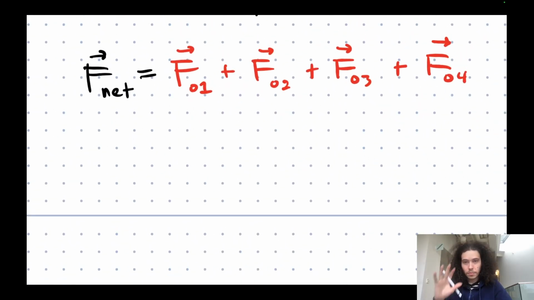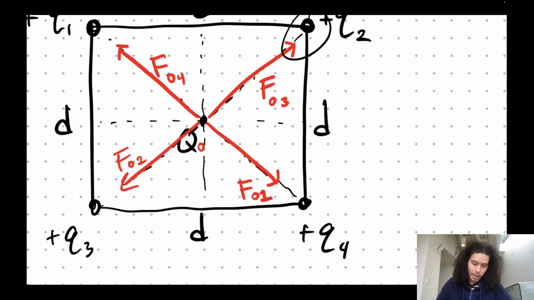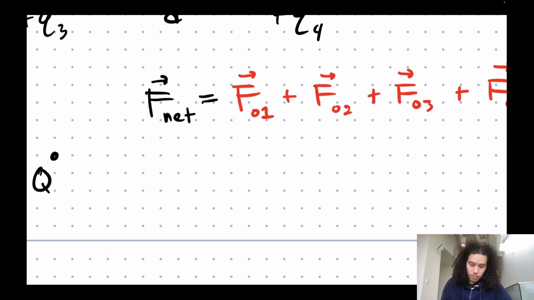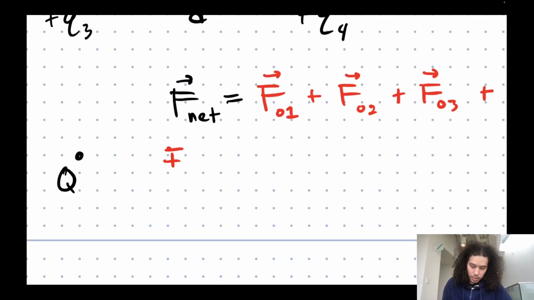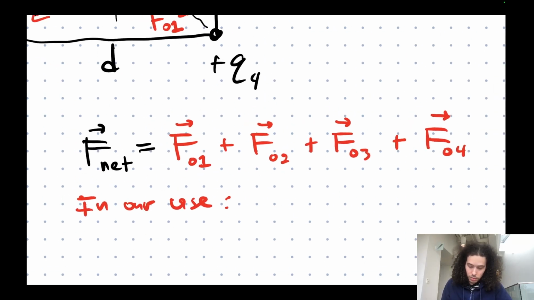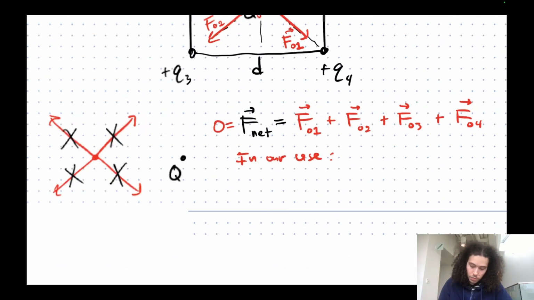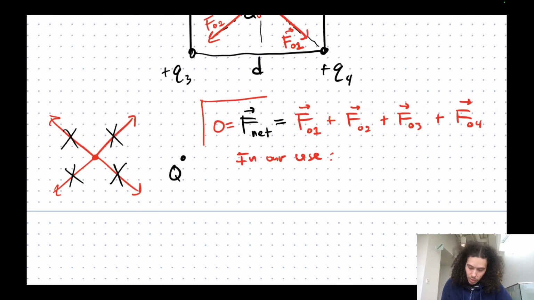Don't think too much about the numbers. Think about the fact that all these vectors are in opposite directions from each other, and eventually, in our case, okay, this isn't for all cases, in this case where they're all canceling each other out, F net is equal to 0.